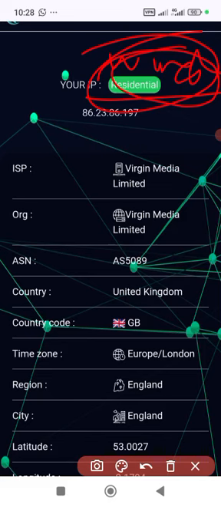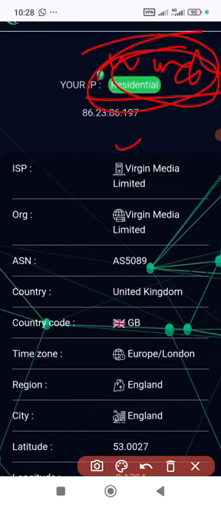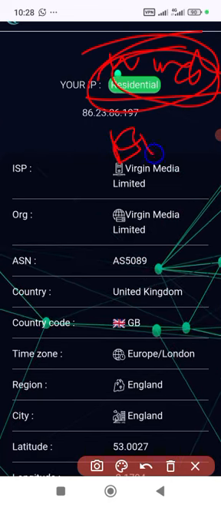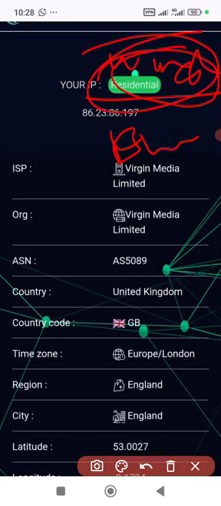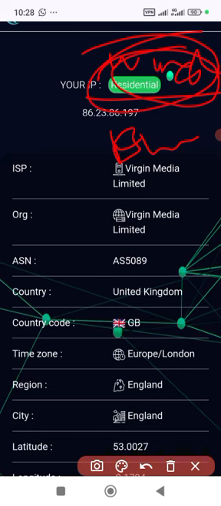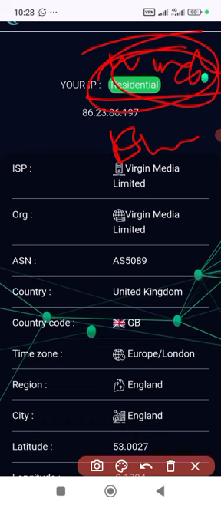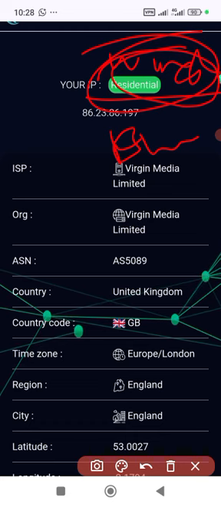When you see residential, it means around homes. You're connected to a network maybe inside a home. When you see business, it means you are connected to a business network, like for a company. When you go to companies, you see they have lots of computers and their own internet that connects all of them.